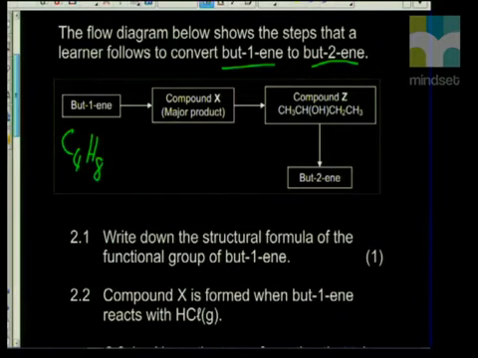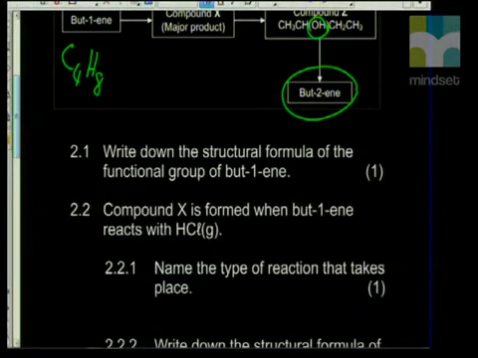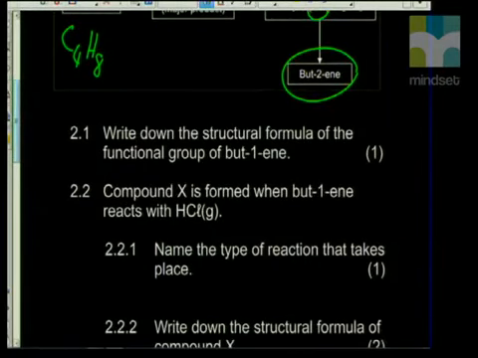It gives us a product. Then it gives us something that's got a hydroxyl in it, and then it gives us but-2-ene at the end. That's quite an interesting process. Wonder what's happened in between. Let's see what the question asks us and make sure that we've got these things sorted out.